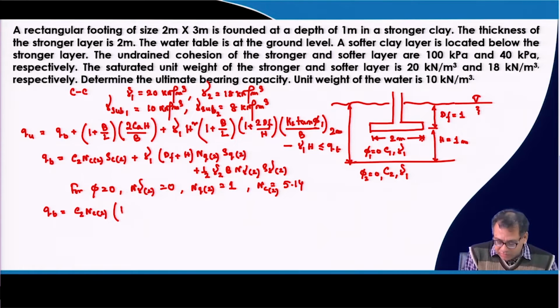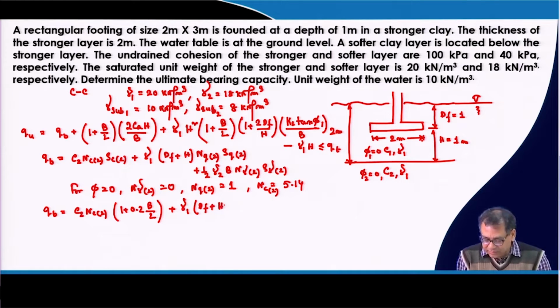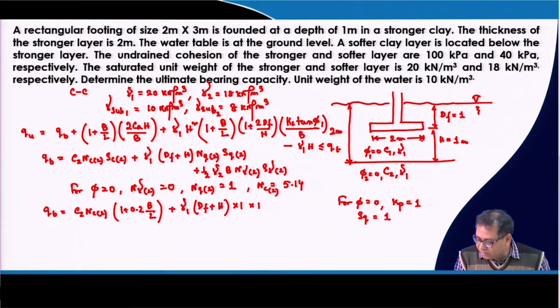That is equal to 1 plus 0.2 B by L, plus gamma1 into (Df plus H), and Nq2 is equal to 1, and Sq2 will also be 1, because if you see the Meyerhof table, for phi equal to 0, your Kp value is equal to 1. So, my Sq value is also equal to 1.